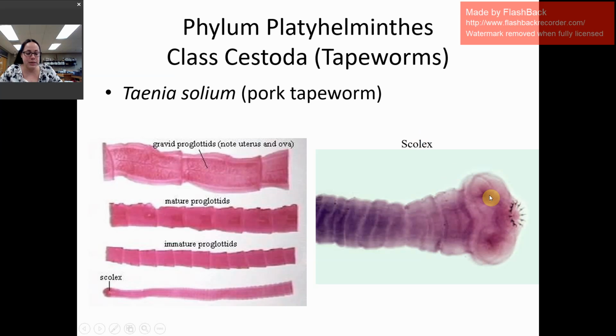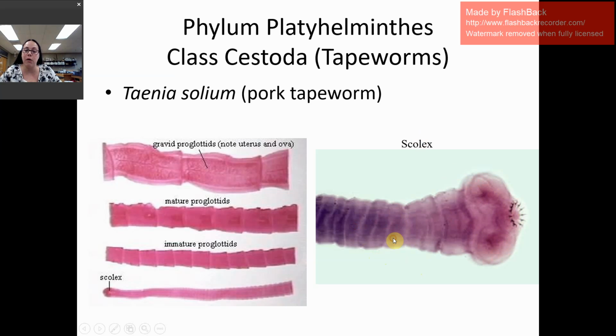Okay, so this is what you see here. There is a sucker over here. There is a sucker over here, and those little black things, those are the hooks. Okay, so this allows the worms to attach to the intestine. Then we have the neck, and then we have the first few segments. The way the worm reproduces asexually is that it increases the number of segments.